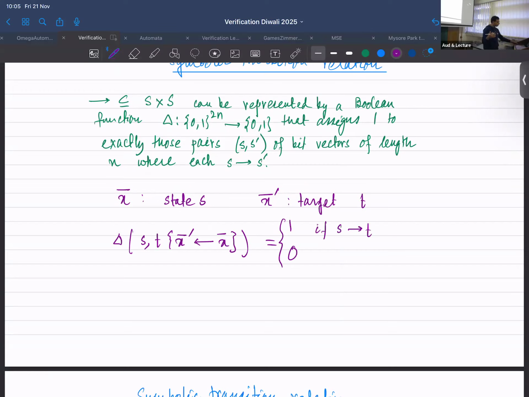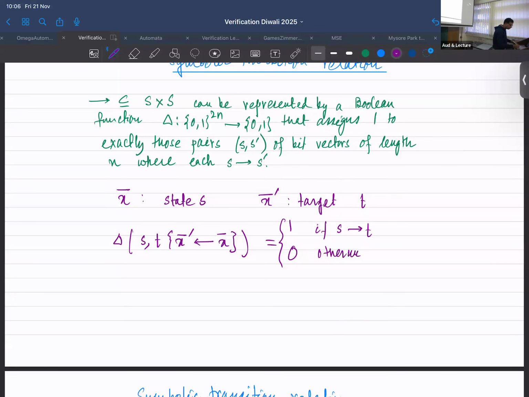If you have a transition from S to T, then T will also have some n bits, but I'm going to use the primed variable to say that this is the target of the transition. So you have n bits and n bits. I just use the primed variables essentially to say that this corresponds to the target. That's all.